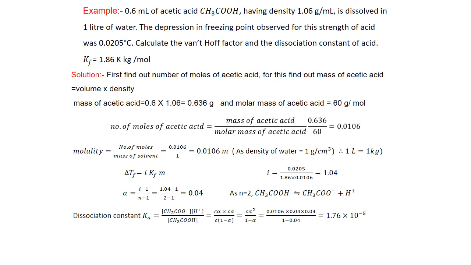So the relation must be Ka is equal to C alpha square by 1 minus alpha, where C is the concentration, number of moles per kg, and alpha is the degree of dissociation. So we can find out the value of the dissociation constant.